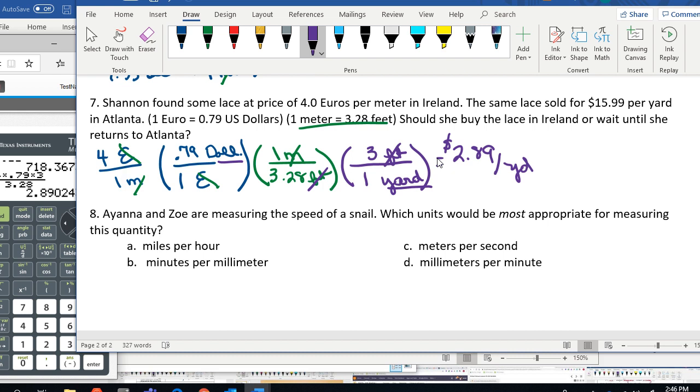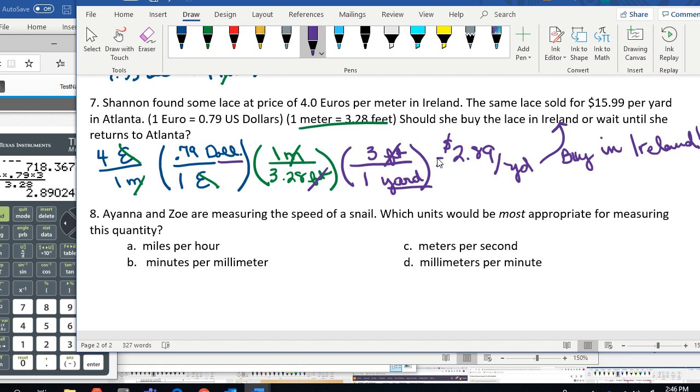Euros to dollars, and then meters to feet, and feet to yards. Yep, that's it. Buy it in Ireland.